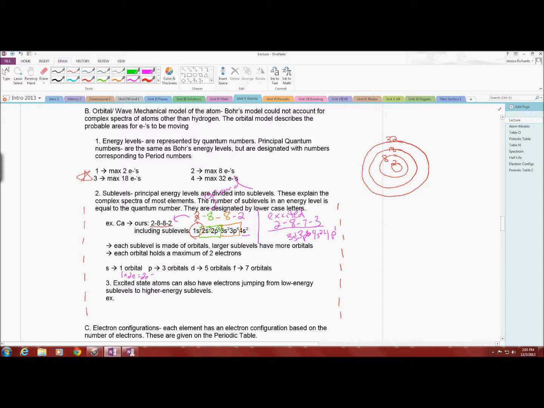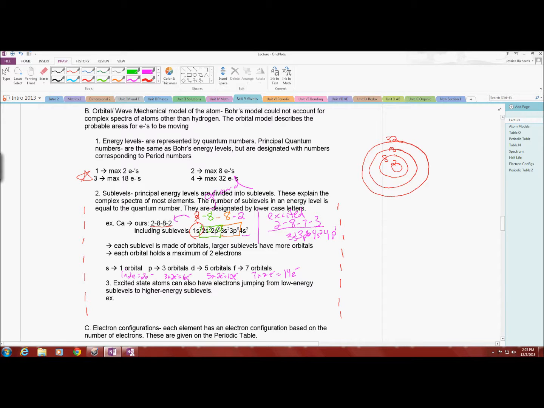The P sublevel has 3 orbitals, so 3 times a maximum of 2 electrons gives us a total of 6 electrons in a P sublevel. The D sublevel has 5 orbitals, 2 electrons per orbital, which means 10 electrons in the D sublevel. And the F sublevel has 7 orbitals, 7 times 2, 14 electrons total in the F sublevel.